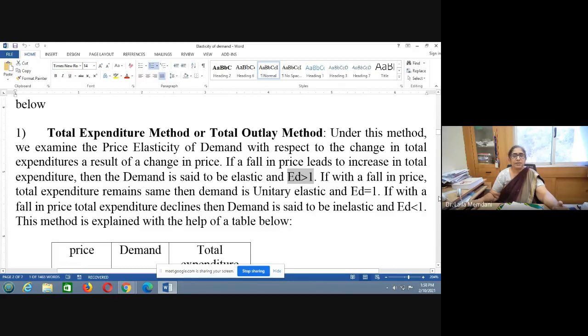If with the fall in price, total expenditure remains the same, then the demand is said to be unitary elastic, that is ED is equal to 1. And if with falling price, the total expenditure declines, then demand is said to be inelastic, ED less than 1.